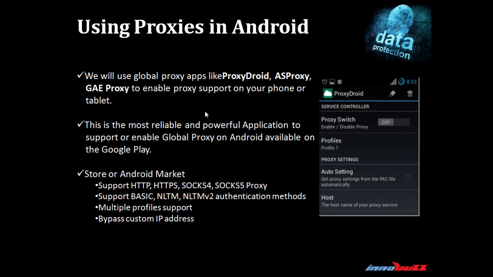It supports HTTP, HTTPS, SOCKS4, SOCKS5 proxy. It also supports basic NTLM and NTLM version 2 authentication methods. Also, it has support for multiple profiles and it can bypass custom IP addresses.